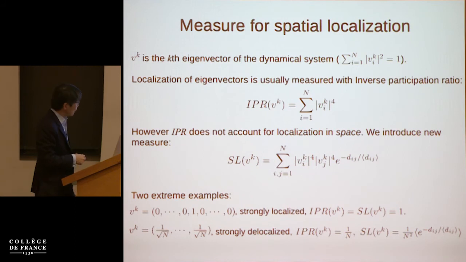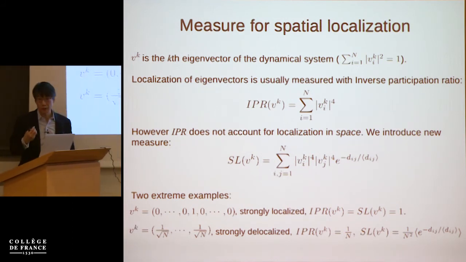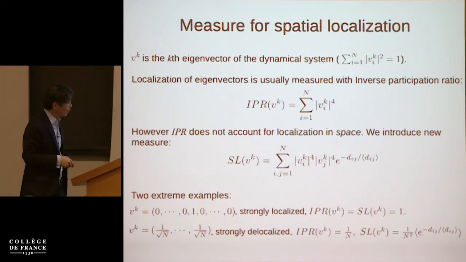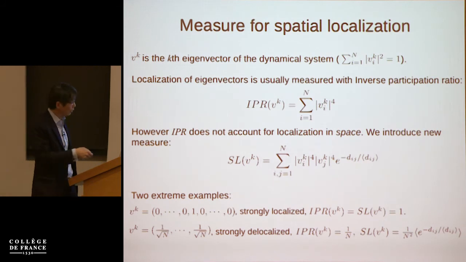Basically it tells you the fraction of nodes that participate in each particular mode. On the other hand, if the vector is uniformly distributed, so there's no localization and all the nodes participate in this particular mode, then the IPR is 1 over n, very small. So it's between 0 and 1, if you like.